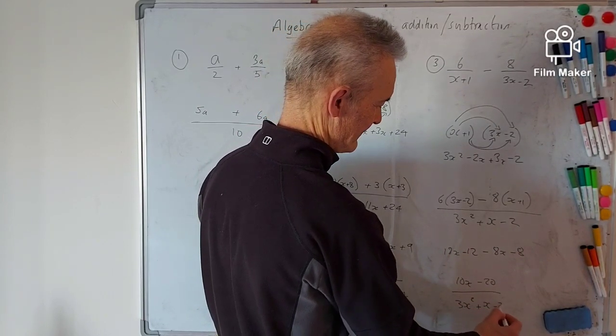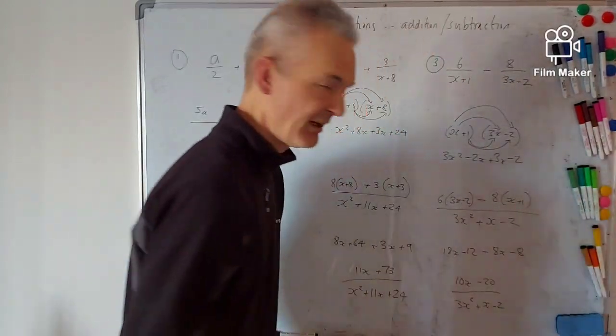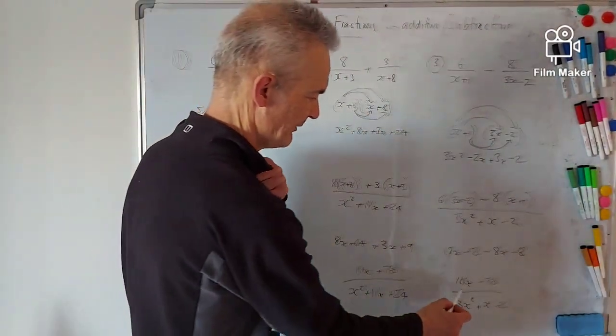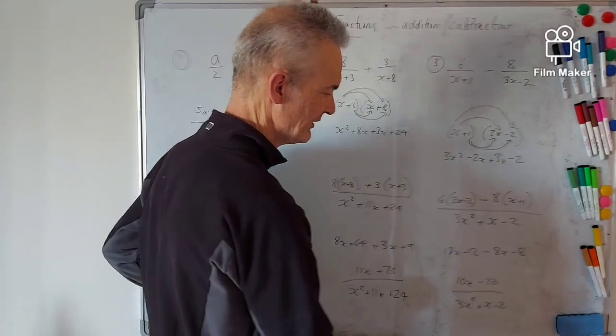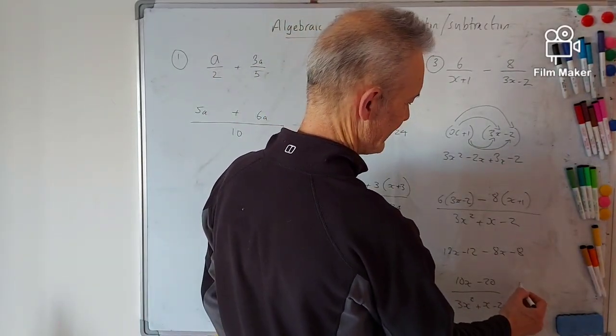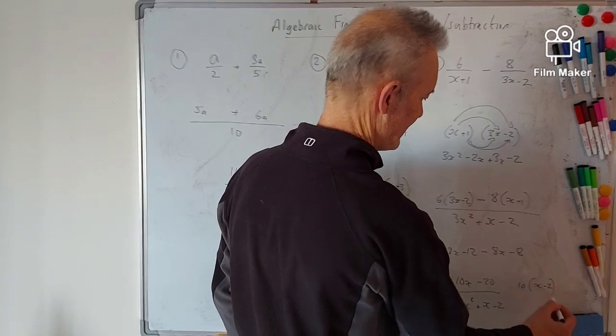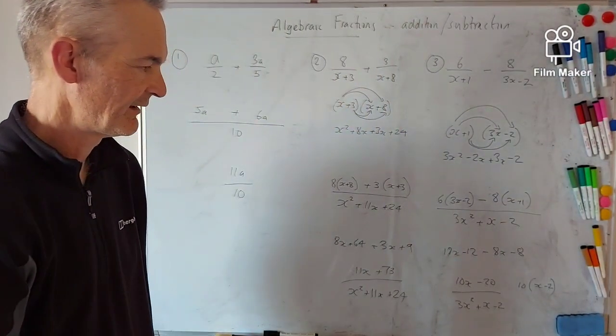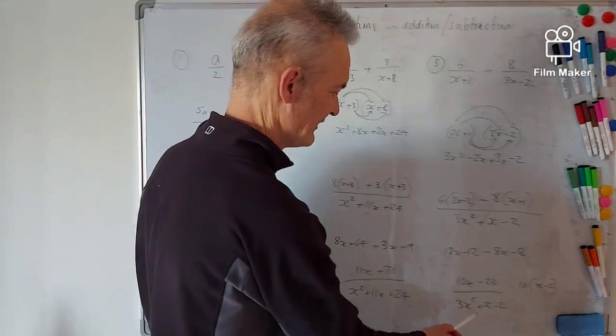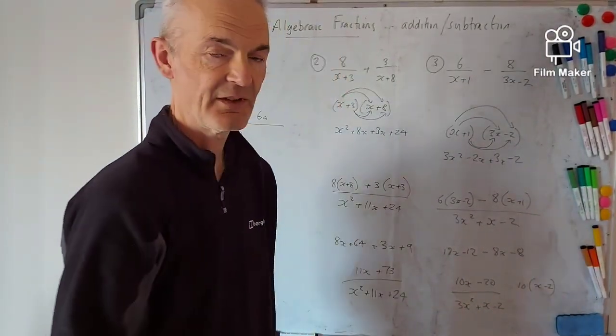Now you might look at that and think, oh, I could do a little bit of factorising here, and I guess you could pull 10 out as a common factor, and have x minus 2 there, but that doesn't really help, does it? It doesn't enable us to get rid of anything or simplify it any further.